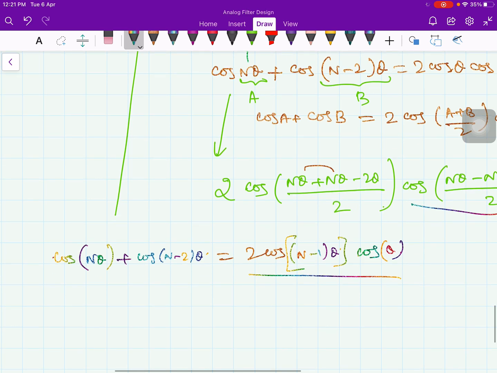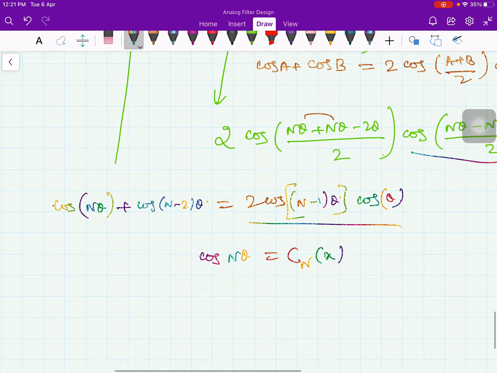Now cosine n theta is equal to Cn of x. What is Cn of x? Cn of x is cos of n cos inverse x, right? That's what we defined in the beginning.